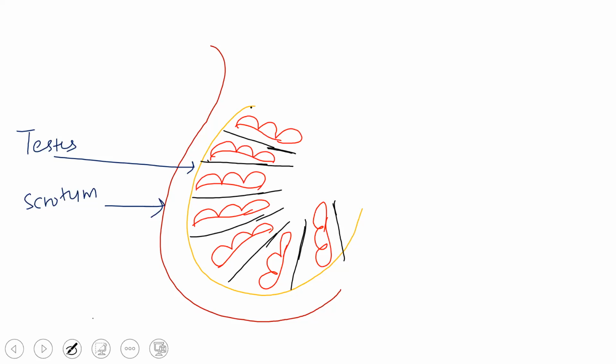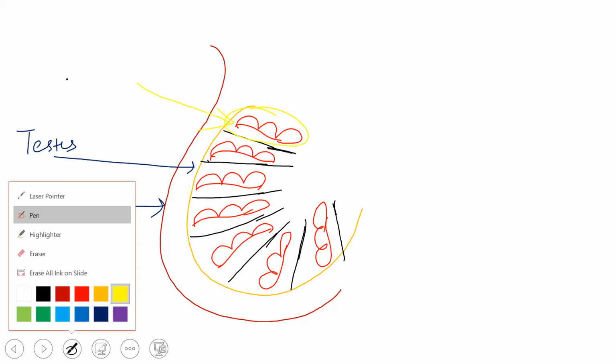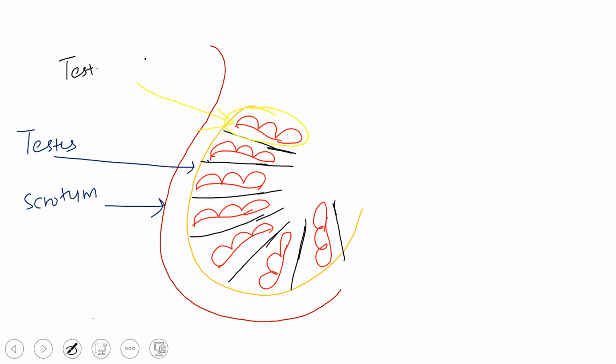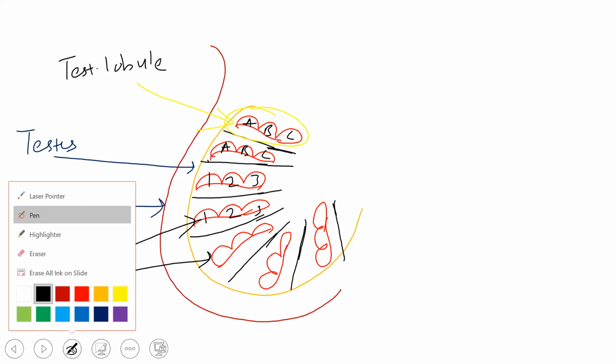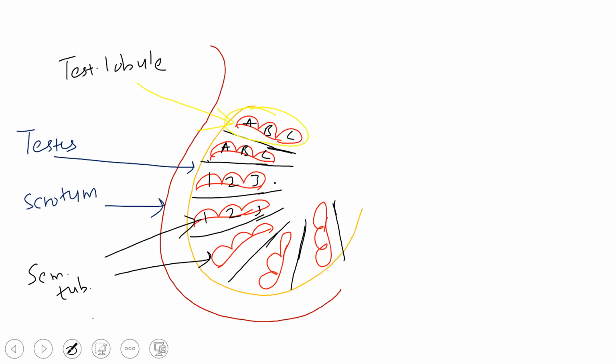This entire part is what we call a testicular lobule, and this A B C, or you can also call it 1 2 3 because I am writing, these are all seminiferous tubules. Now each of these seminiferous tubules will combine in the center.